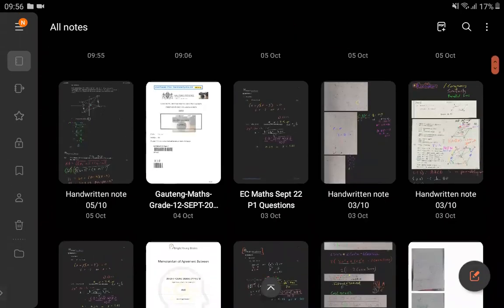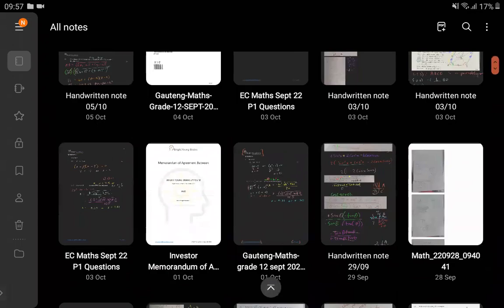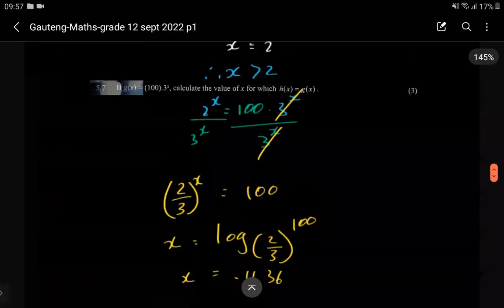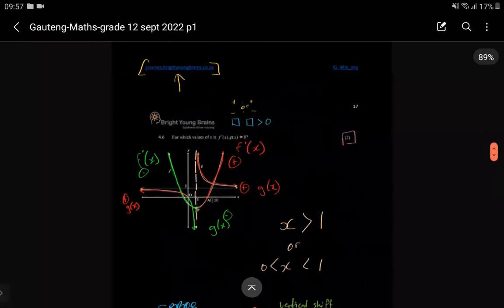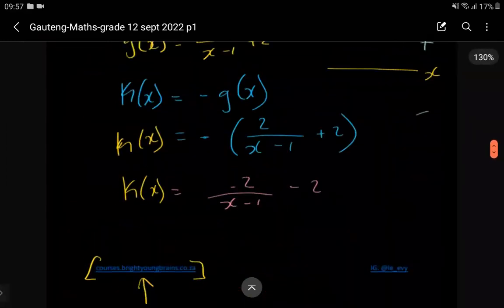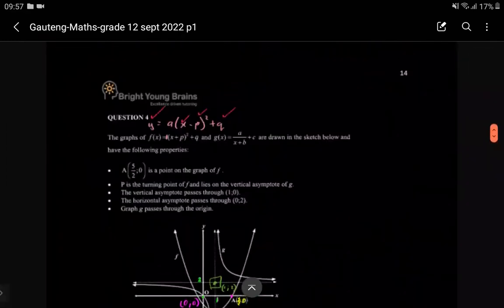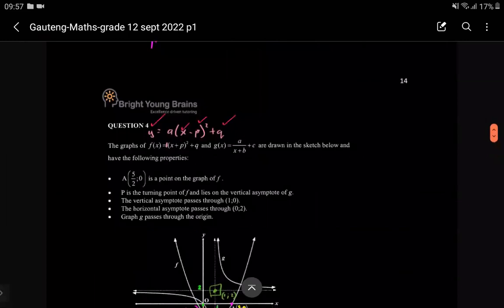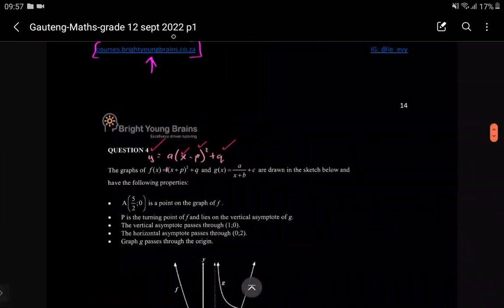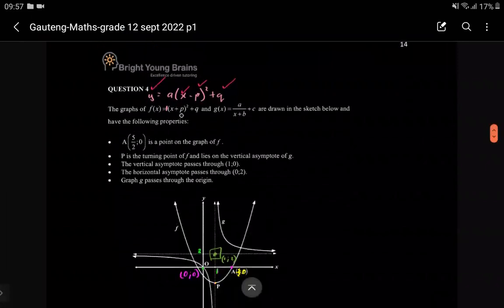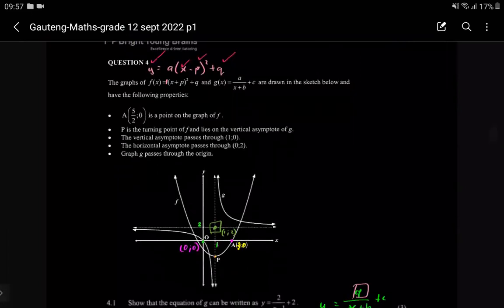Let's go to the Gauteng paper number 1. There it is. Let me open it up. Parabola question. Let's see what the parabola question looks like here. This is question 4 of the Gauteng paper 1, the prelim paper 2022. You can see they did not give us the equation of the parabola.